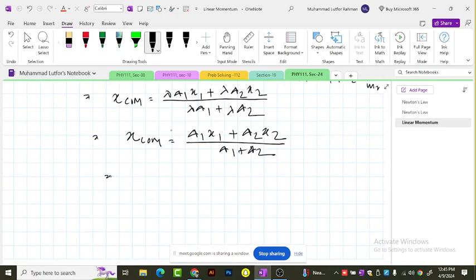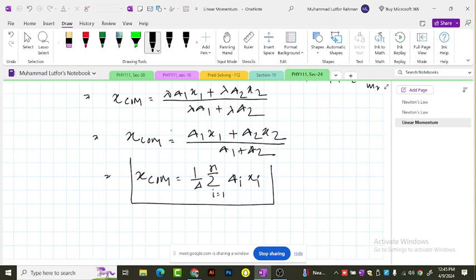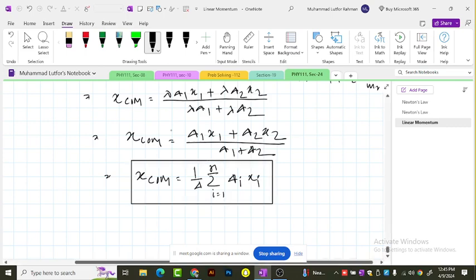Then I can write this simply in a notation form. It's 1 over a, summation i from 1 to n, ai xi. It looks exactly like the previous case where I was dealing with point mass locations, and right now I am dealing with the two-dimensional case, the area of each object and its location.